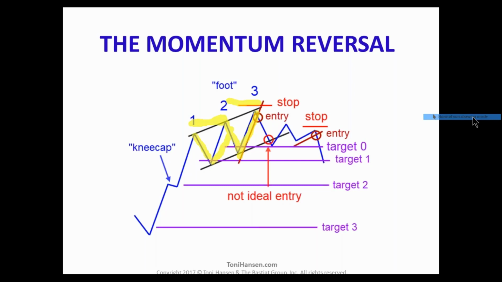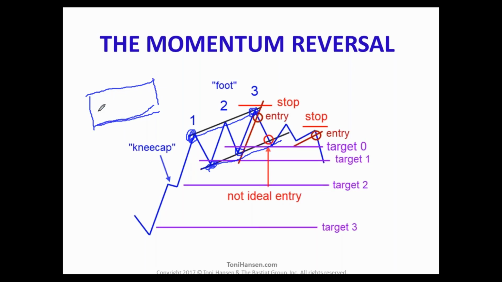Also ideal is to have this form a parallelogram, meaning that when you're connecting your highs here, like that, and then you're connecting the lows in between these valleys, you have a parallelogram that is formed. Now, that's not a very good parallelogram I'm drawing over here, but that's the general idea.